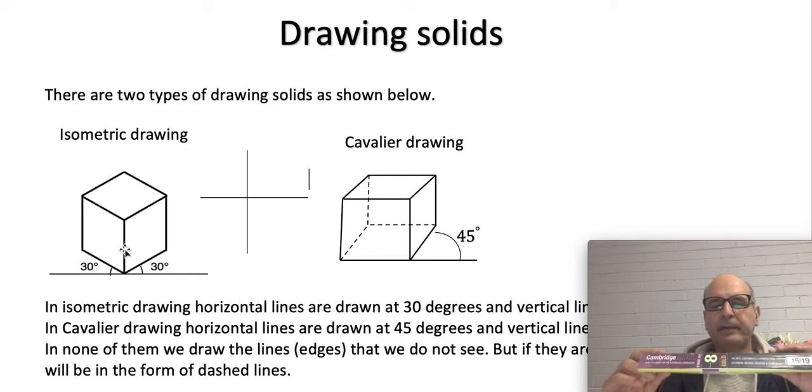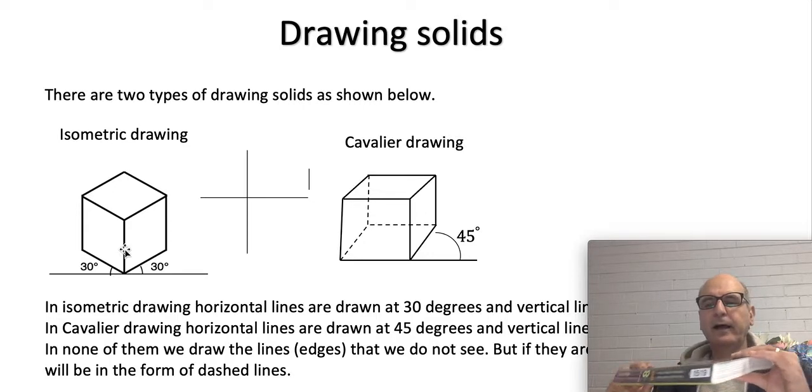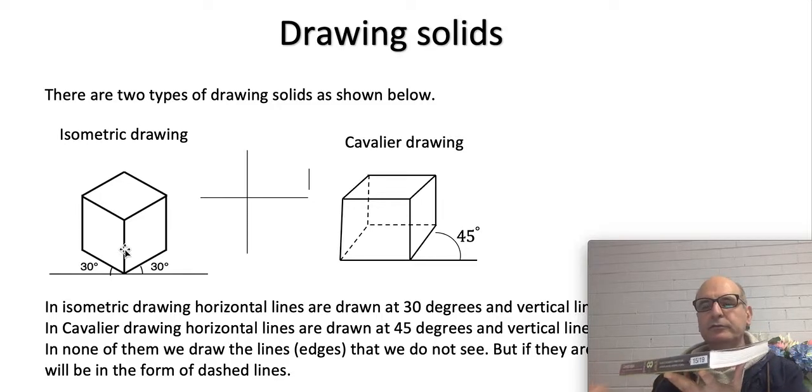But we are not going to look at it this way. We are going to turn it a bit, something like that. So we are going to see two faces, this face and this face. And you will see that edge. So here we have the same thing: that is that edge, that is one face, that's another face.